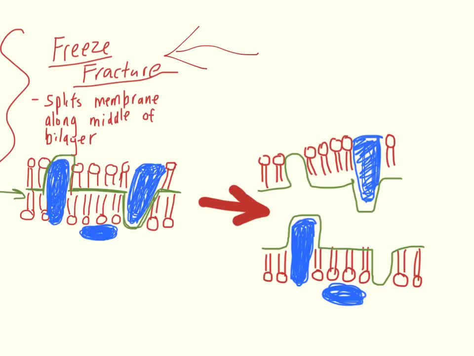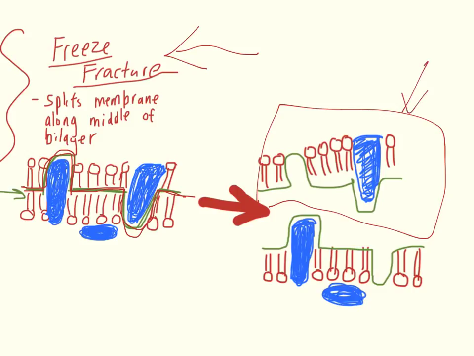And what you see is that the fracture plane will often follow the hydrophobic interior of the cell membrane. And so the membrane will split along the middle of this bilayer here. And what you end up with are two separate membranes. So you have the extracellular component here and the cytoplasmic portion here.